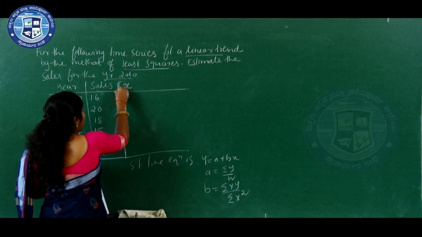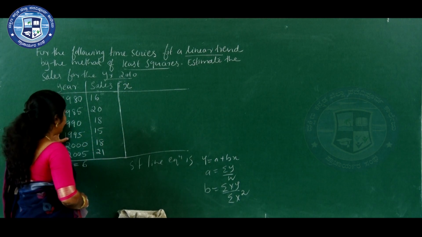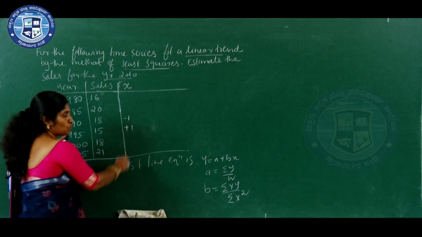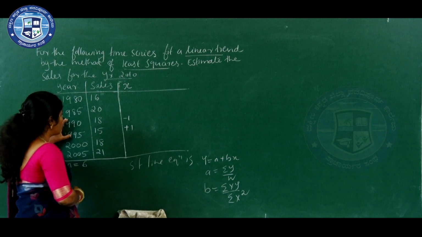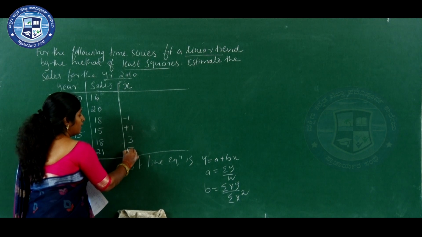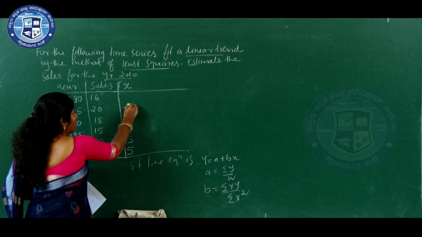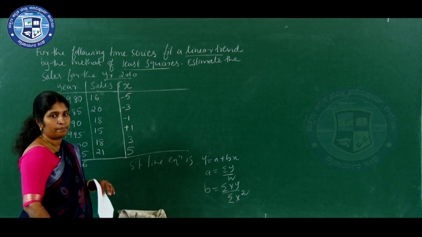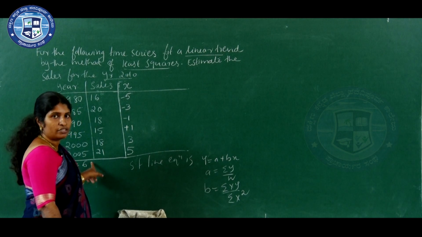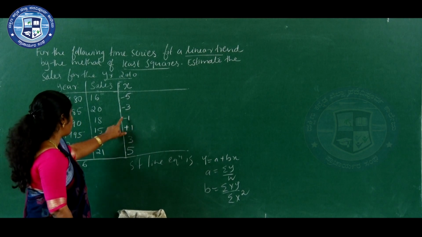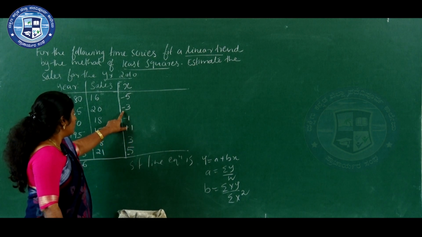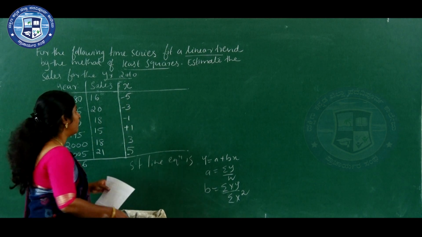So, for time points, the middlemost 2 values are taken as minus 1 and plus 1, then 3 and 5, and below minus 1, minus 3 and minus 5.